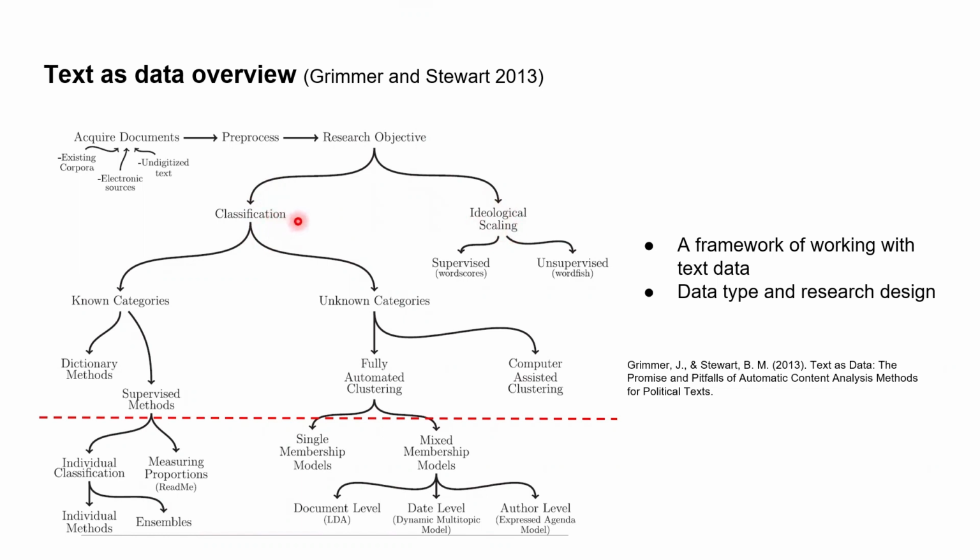If we start from a statistical perspective, classification transfers all these texts into categorical data, like left and right, liberal and conservative, something like that. It must be categorical in your regression analysis. Ideological scaling is something more continuous.